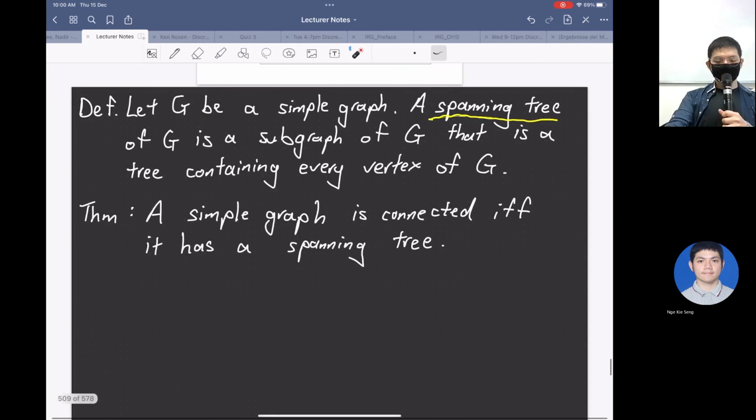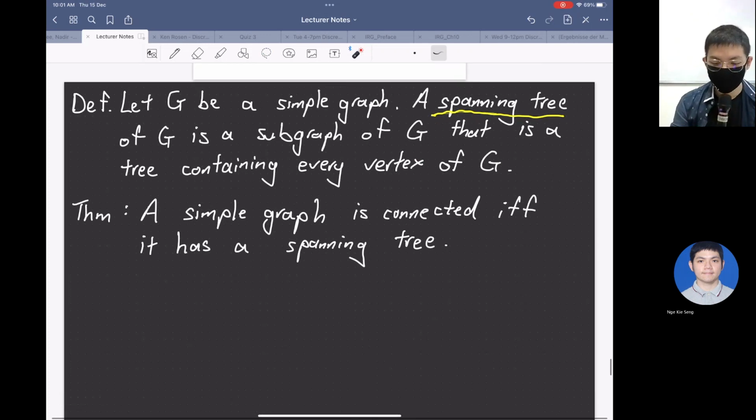Okay, next is what we call a spanning tree. To understand the spanning tree, you can think of a backbone, the backbone of an animal or human.